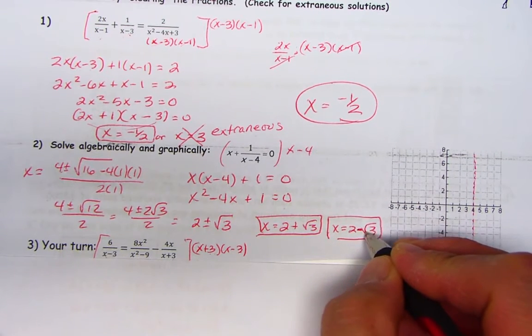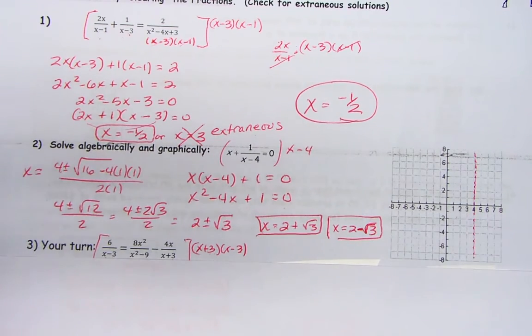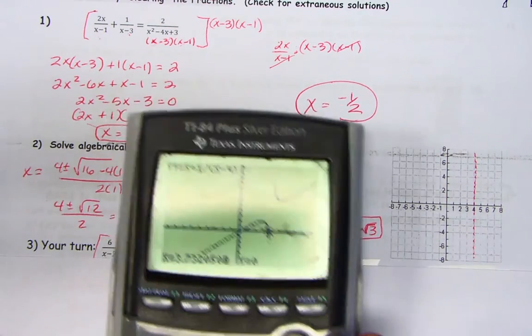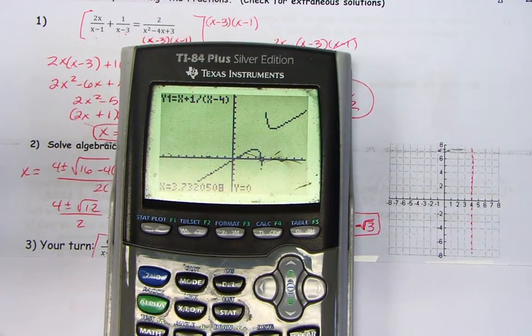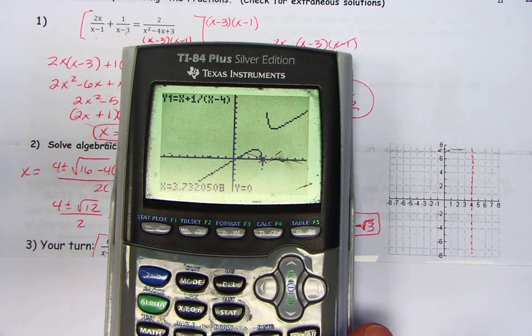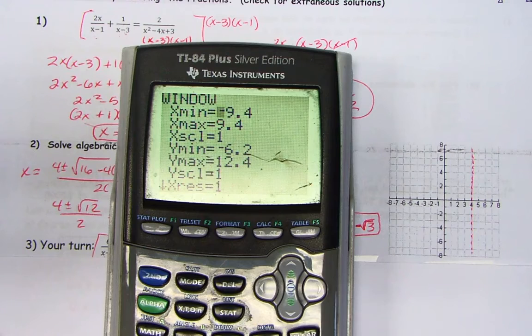Now, they wanted you to also do this graphically. Well, I'm not sure you can do that by hand very well, but let's take a look at it here on the graphing calculator. As you can see, I had to change my window so I could see it. I went with that window.